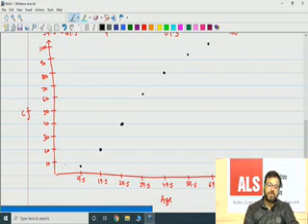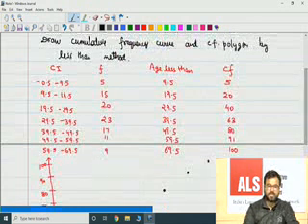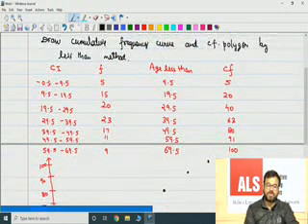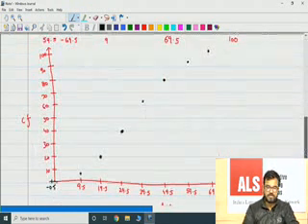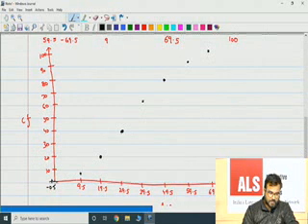So before 9.5 there must be negative 0.5. So negative 0.5 will be over here, and we will say that before 0.5 there are no students, or you can say the frequency is 0. So we will join from here.